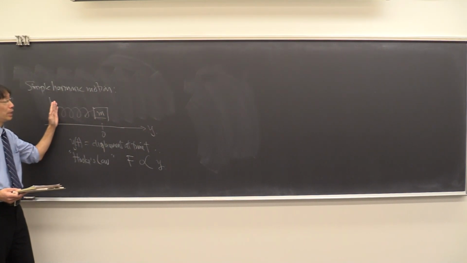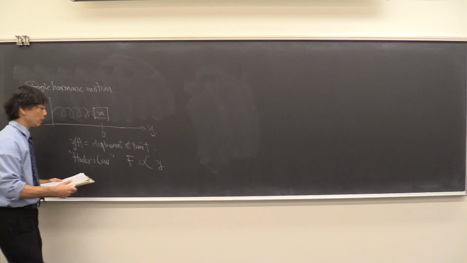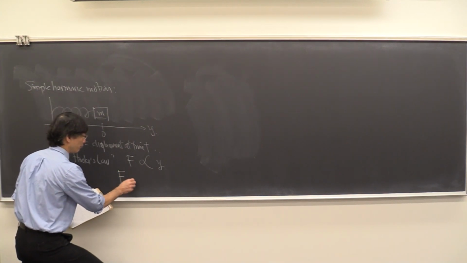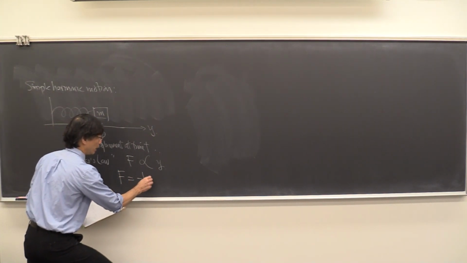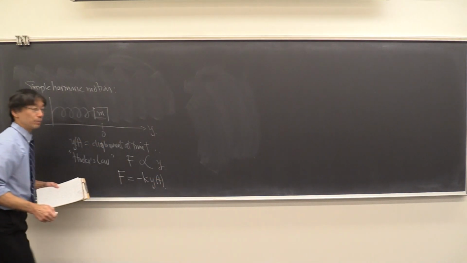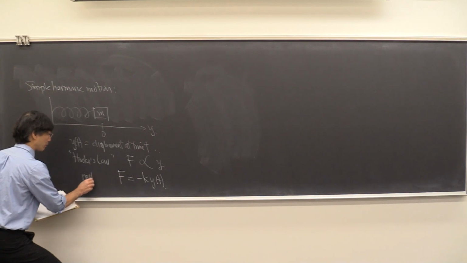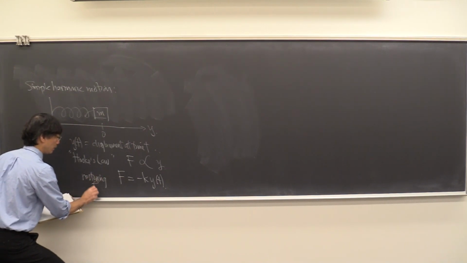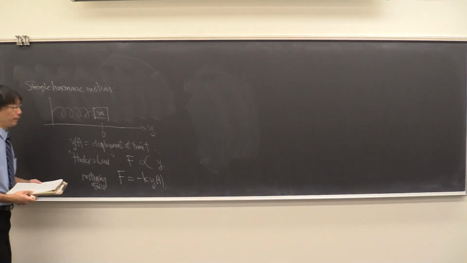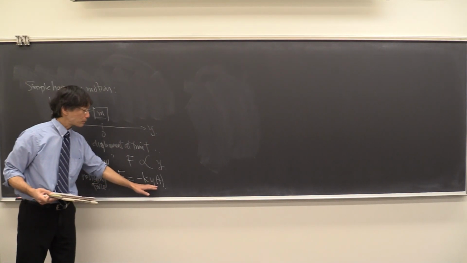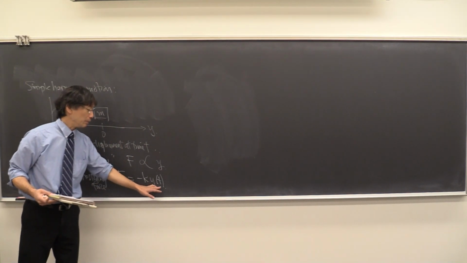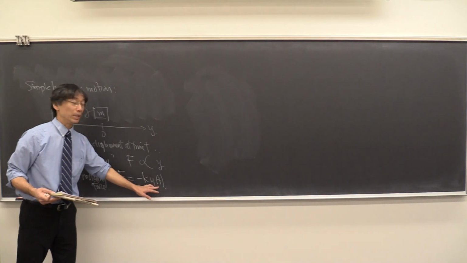So the more you push it in, the greater the force. So force is equal to some constant times the displacement. The restoring force, F, is some constant times the displacement.